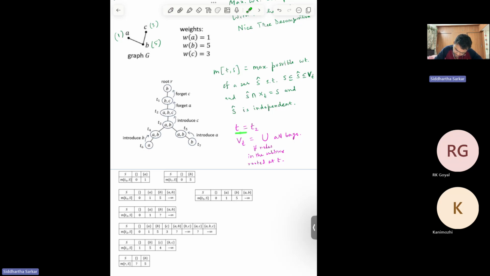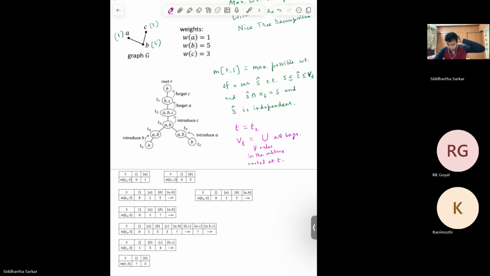So T is T2. So in the subtree rooted at T2, we have all these bags. So the union of all these bags together is V sub T. That's all. Okay. And XT is simply the bag of T. So in this case, T is T2. So XT is simply the bag of T, that is ABC. So XT is just the bag of T as usual.